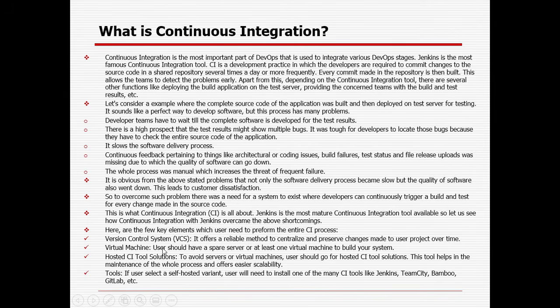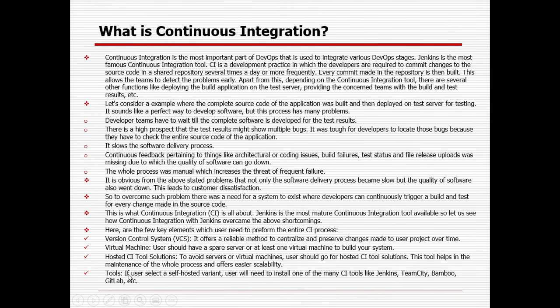Another one is virtual machines. Users should have a spare server or at least one virtual machine to build their systems. Another is a hosted CI tool solution. To avoid a server or virtual machine, users can also go for a hosted CI tool solution. This helps in the maintenance of the whole process and offers easier scalability.